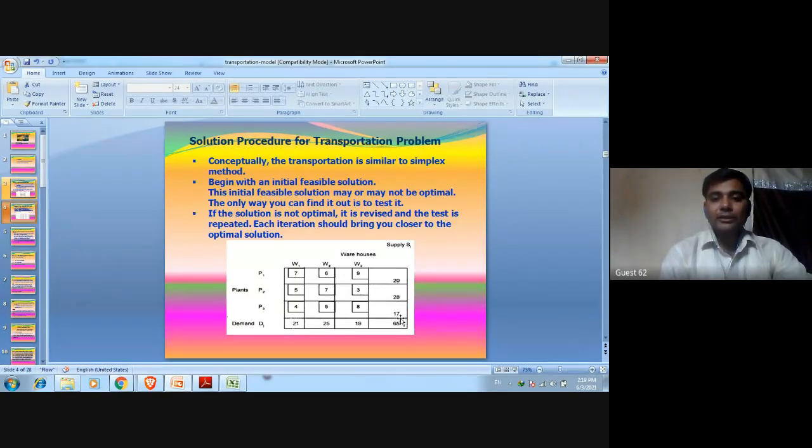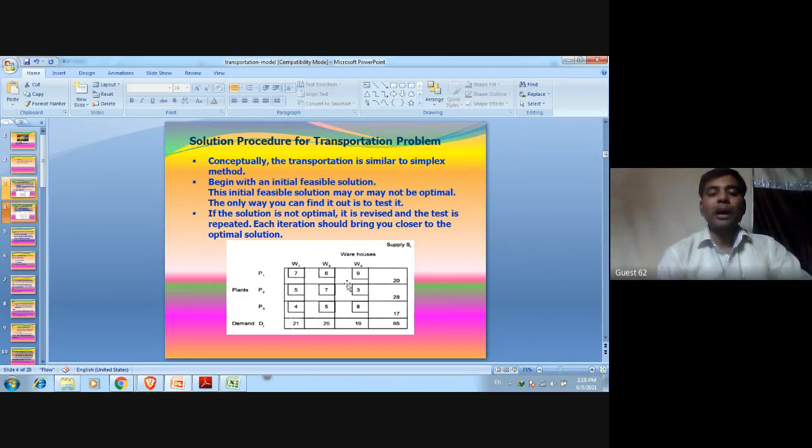These are the units of the items or product produced, and these are the requirements. And what about these 7, 6, 9, 5, 7, 3, 4, 5 and 4, 5, 8? These are the per unit costs which we use to send the item from plants to warehouses.